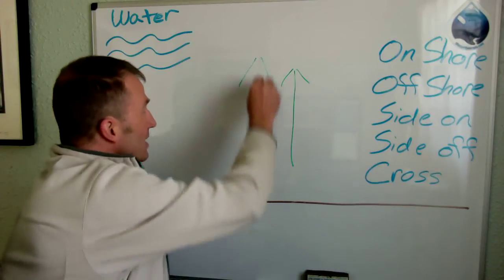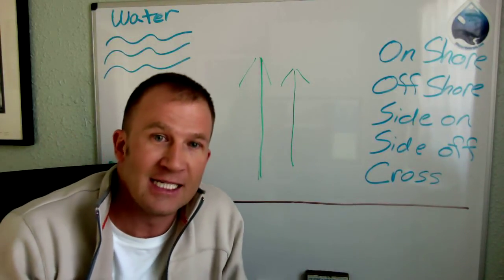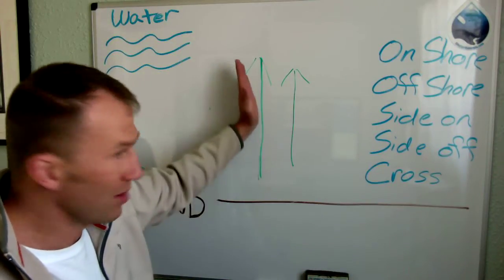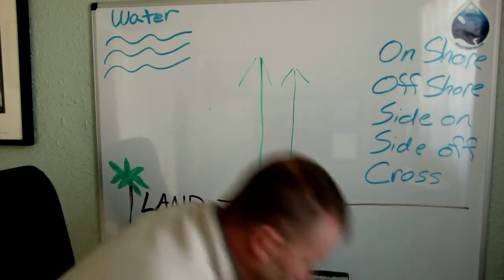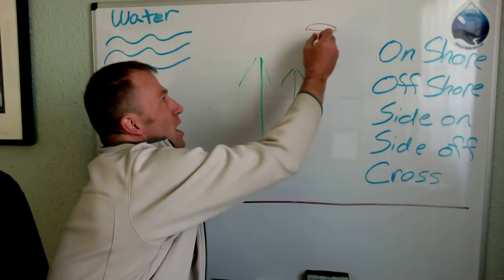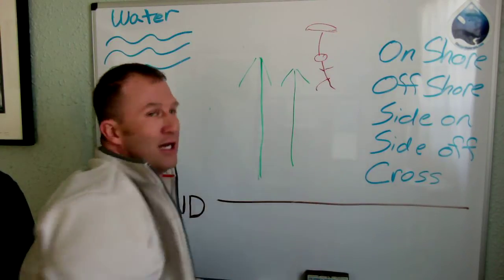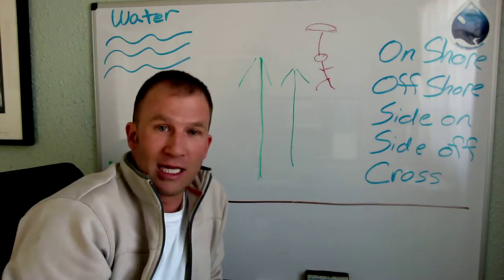And the reason why we need to understand these two concepts is because if you're out there in a kite and the wind dies down and you're on an offshore wind, you're going to just be floating along and your kite's going to go down in the water and you're going to be swimming. And you're going to go, oh no, I'm not getting closer to land.